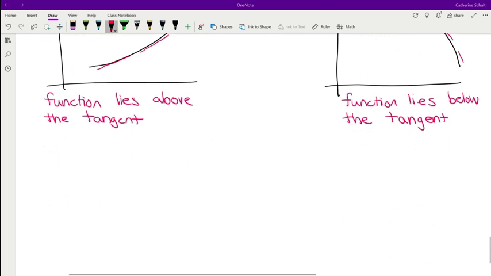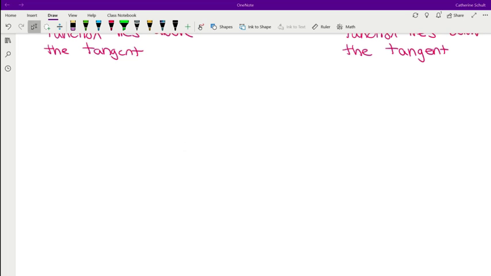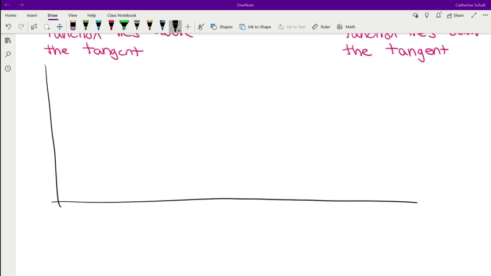Okay, so how is that going to help us? What kind of calculations can we do with that? Well, let's draw a graph with concave up sections and concave down sections.